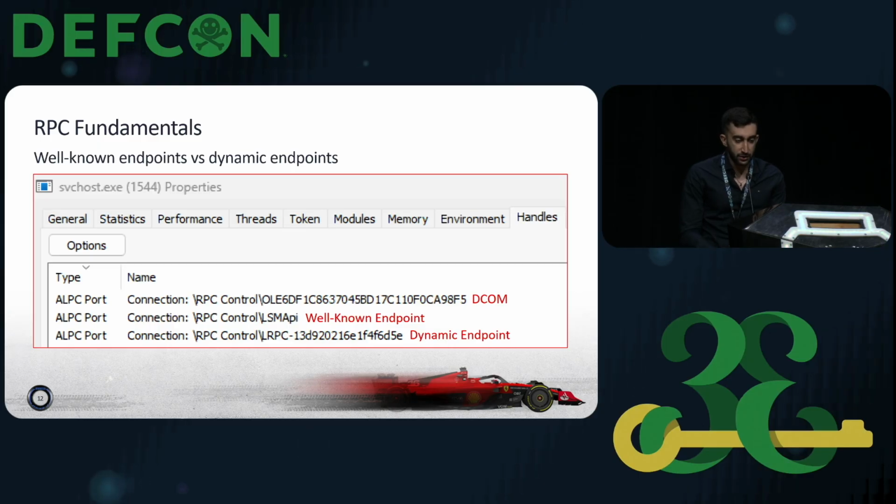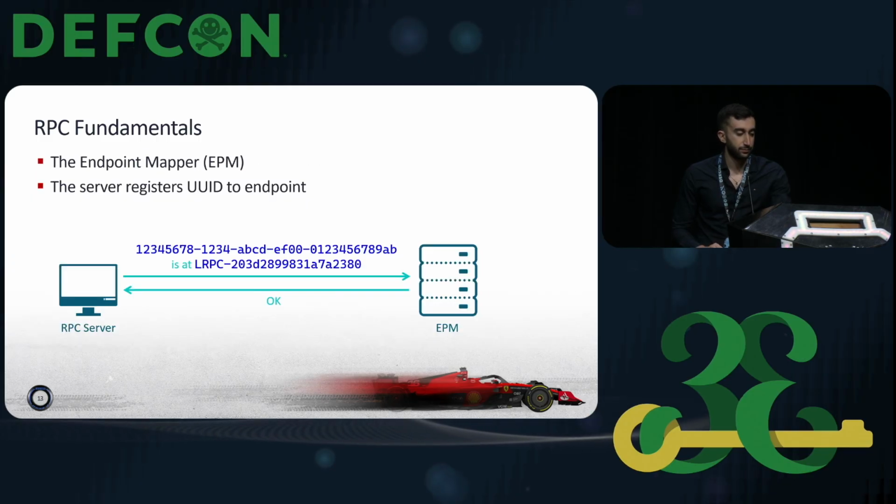But the question is, if a dynamic endpoint is random, how does the client know who to communicate with? This is where the Endpoint Mapper comes in. The Endpoint Mapper, or EPM, maps between an interface UUID and the endpoints that expose it.